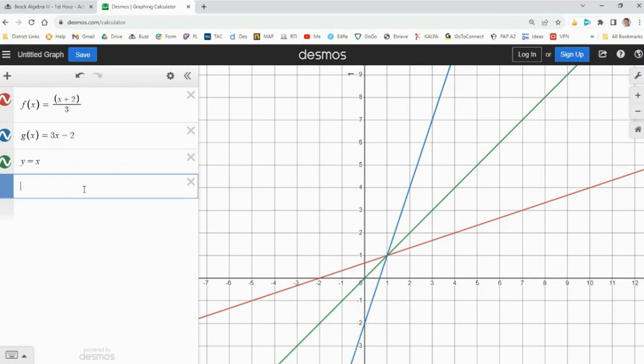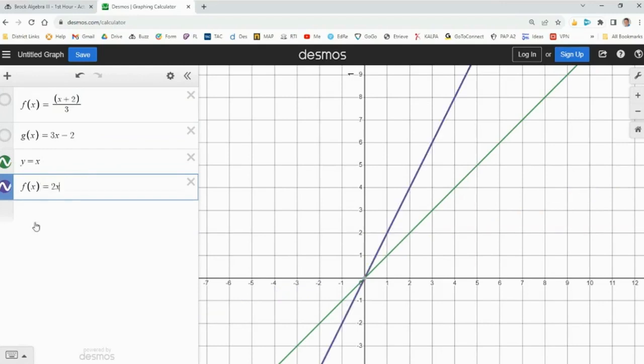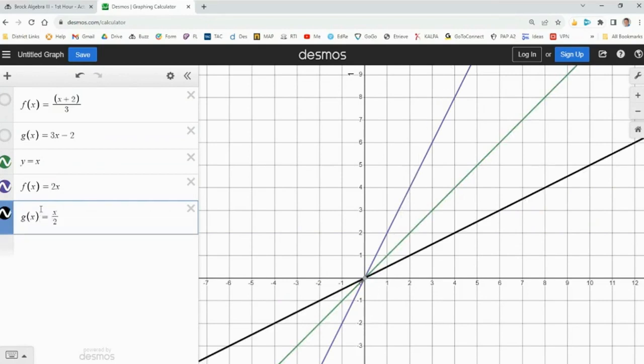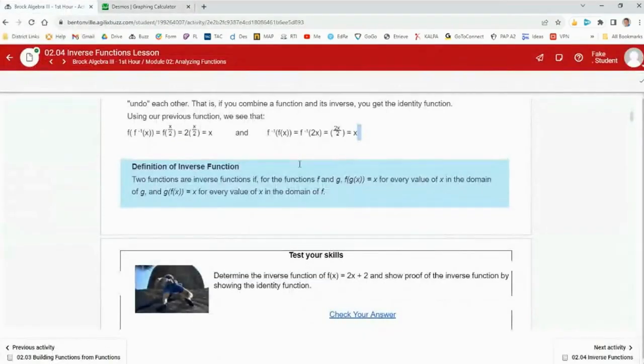When we look at those other two equations that we graphed earlier, we had f of x equals 2x, and then g of x, the inverse of it, was x divided by 2. Look, it's a mirror over the green line of y equals x. Inverses are always a mirror over y equals x.